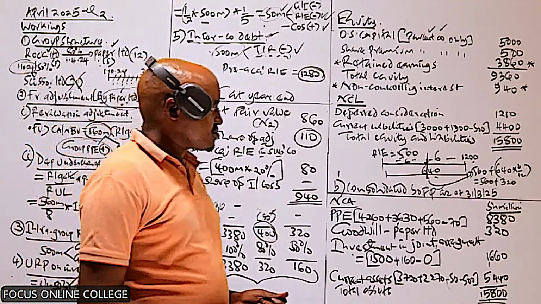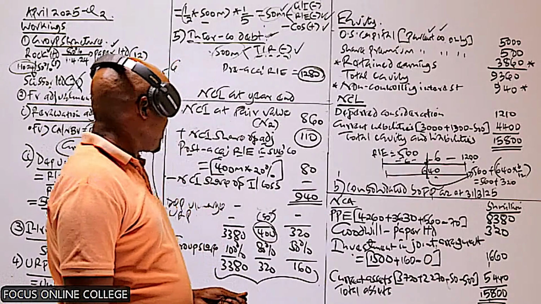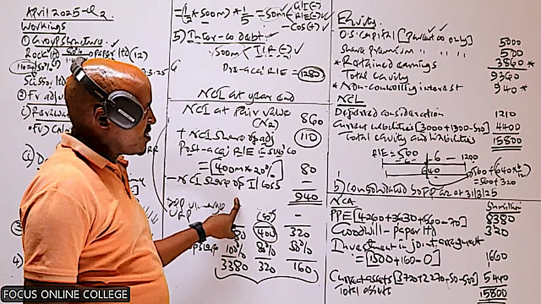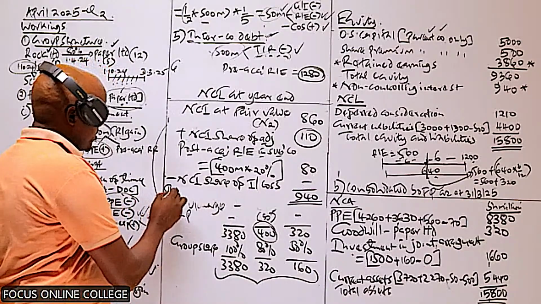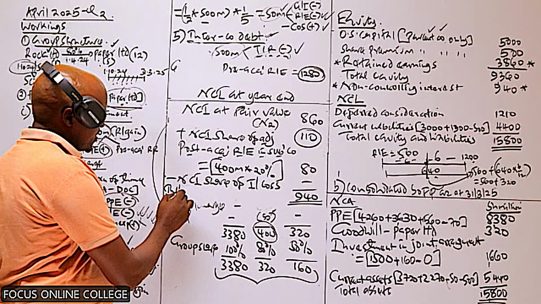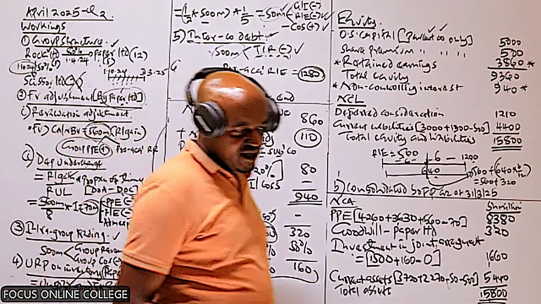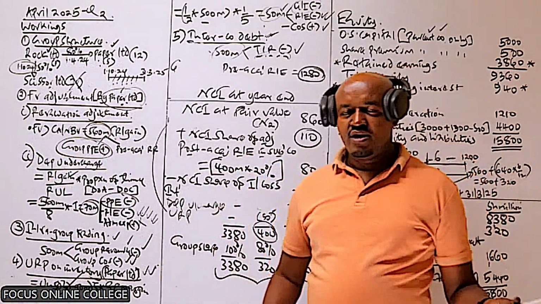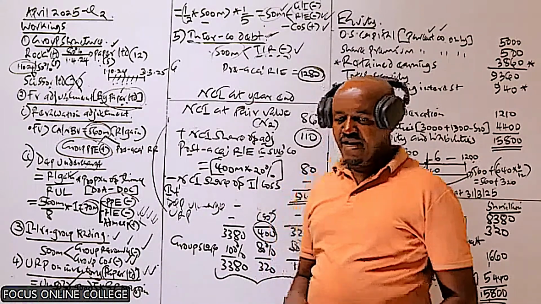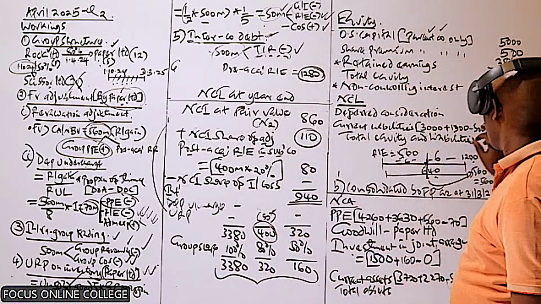That one basically should be deducted from the retained earnings of the parent here. Because that is an interest, or basically an expense, which the parent company was supposed to have accounted for. But if you check the income statement, the parent company had not accounted for the interest on this.